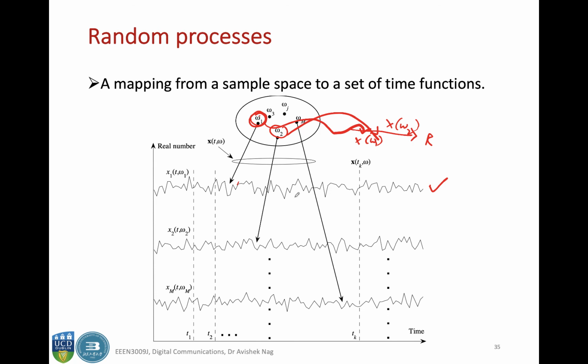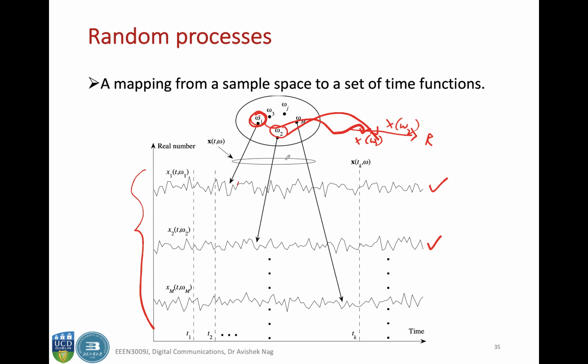Then omega 2 is mapped to another time-varying function, x2(t, omega 2), and so on. The entire set of these time functions is called a random process.